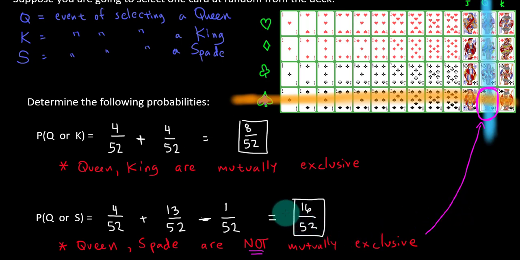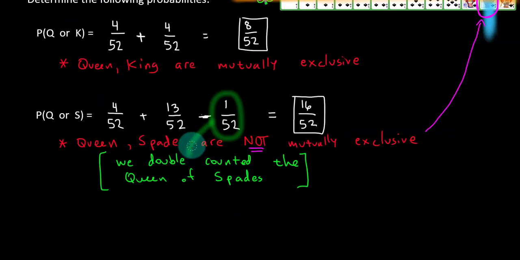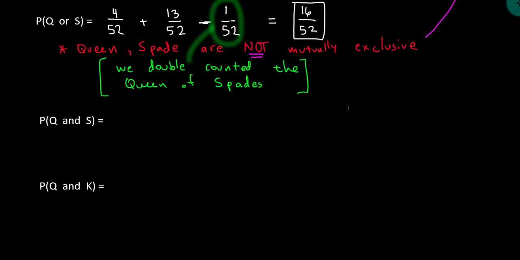So since we double counted the Queen of Spades, because the Queen and Spades can occur together, we had to undo that double count. Let's look at a couple more probabilities before we define these rules for the video.